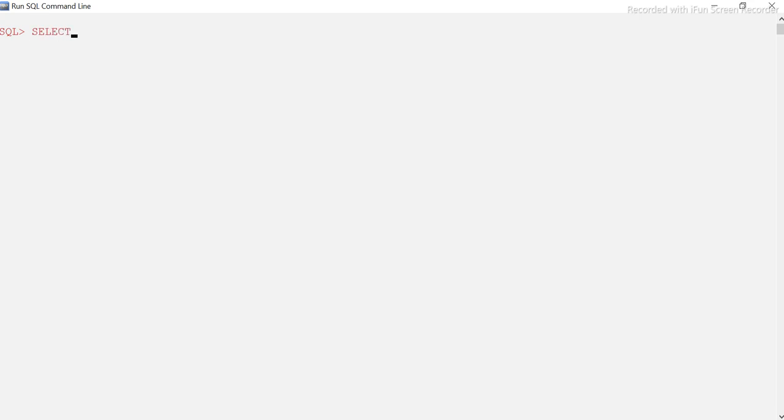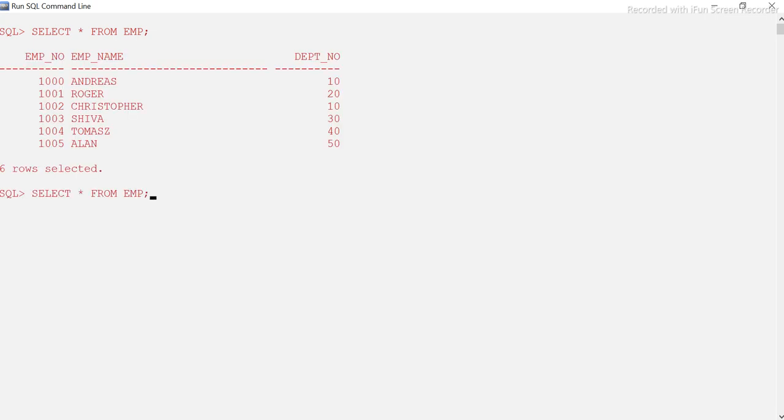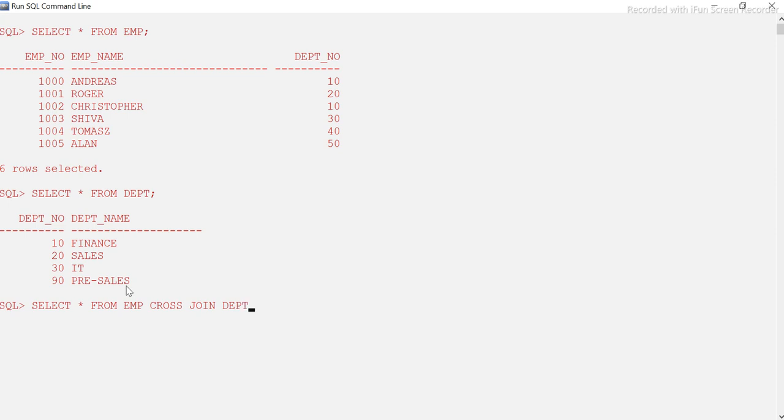I already have two tables. I will show you first: I have the employee table and the department table, the DEPT table. The same thing: I already have 6 rows here and 4 rows here. Now let's say I am putting the cross product, from EMP cross join DEPT.